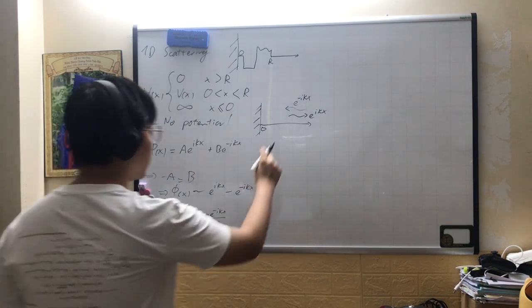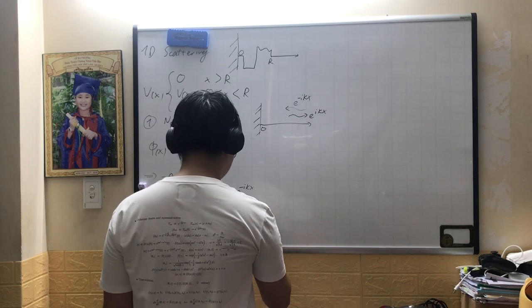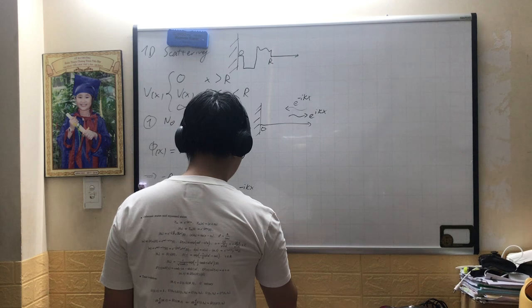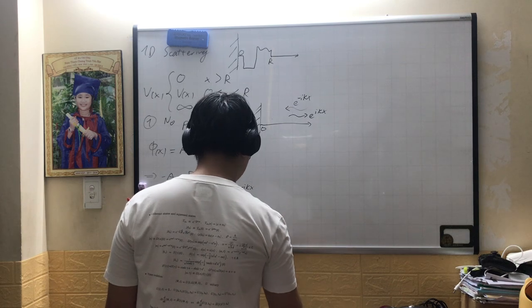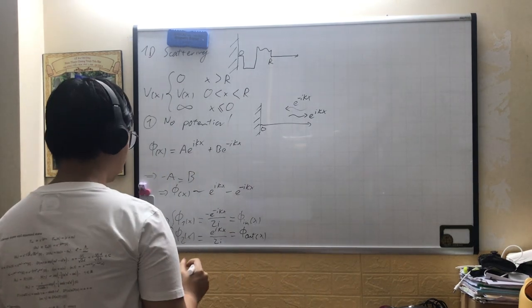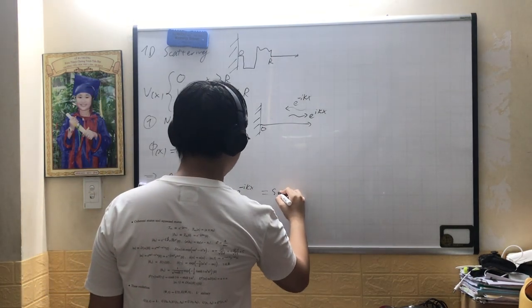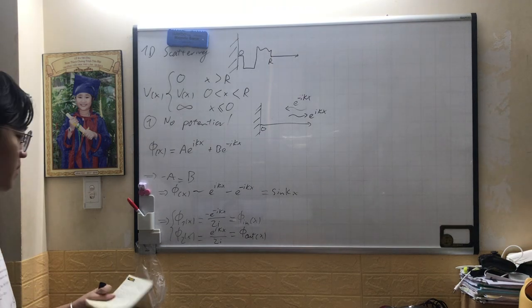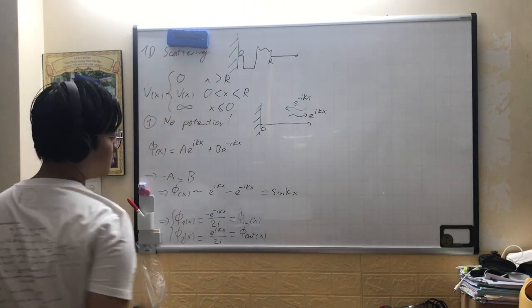You see the e^{-ikx} is your incoming wave, so this is phi in, and this is phi out. Your wave function here would be equal to something times sine kx. So that's it for your first case when there is no potential.